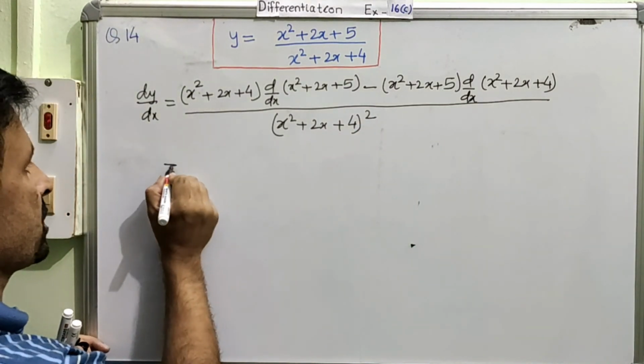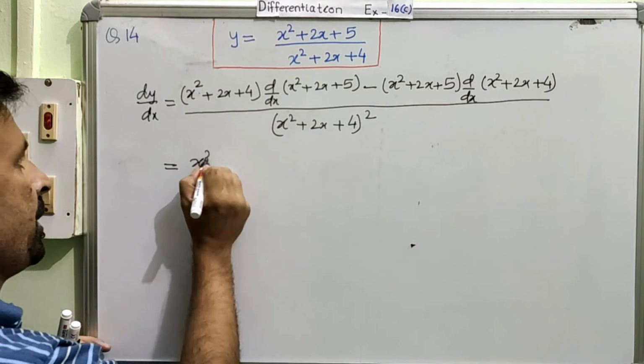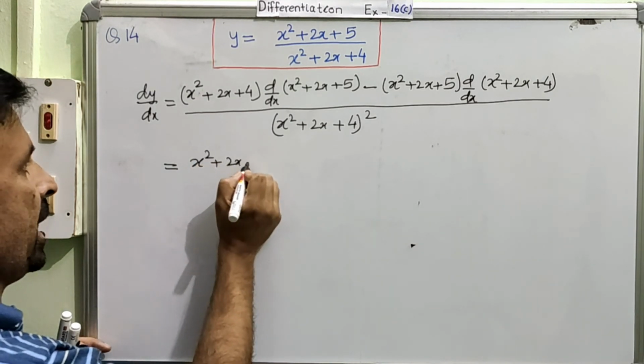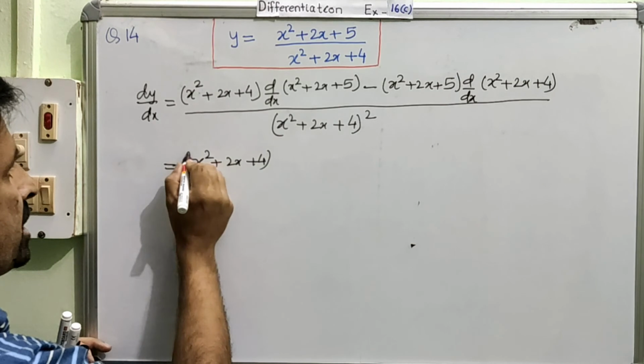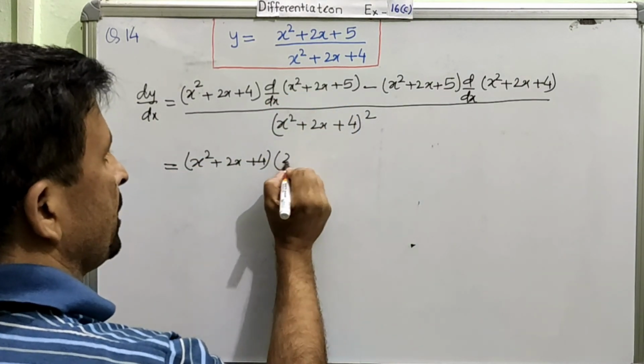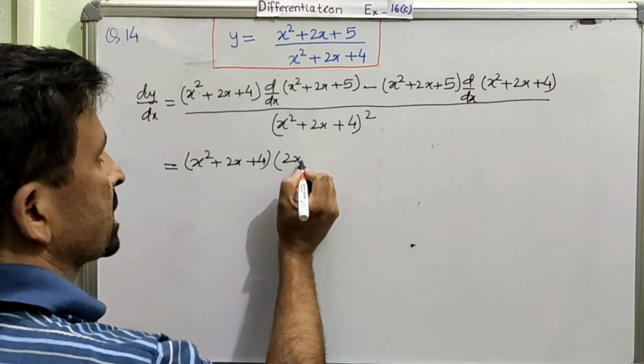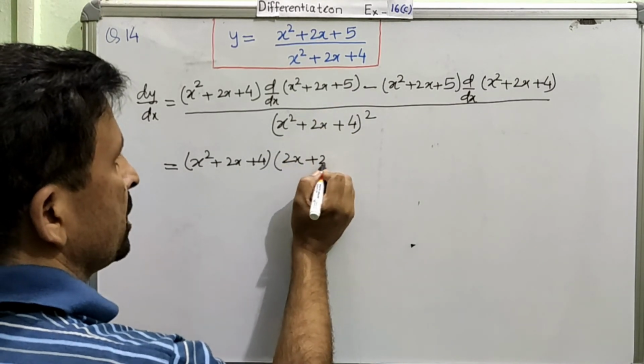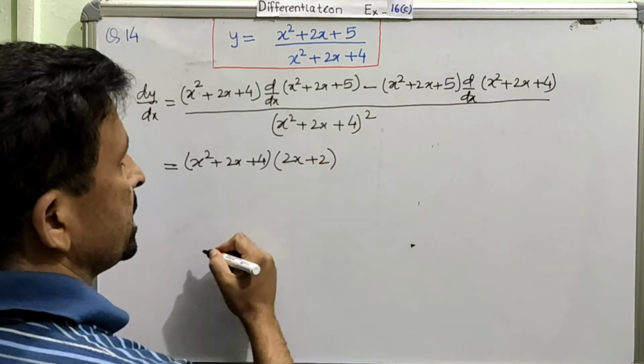Now let us start differentiating. First function will be as it is, x square plus 2x plus 4, because this is not going to be differentiated, only differentiation of the other function. So first derivative of x square is 2x, derivative of 2x is 2, and derivative of 5 is 0. No need.